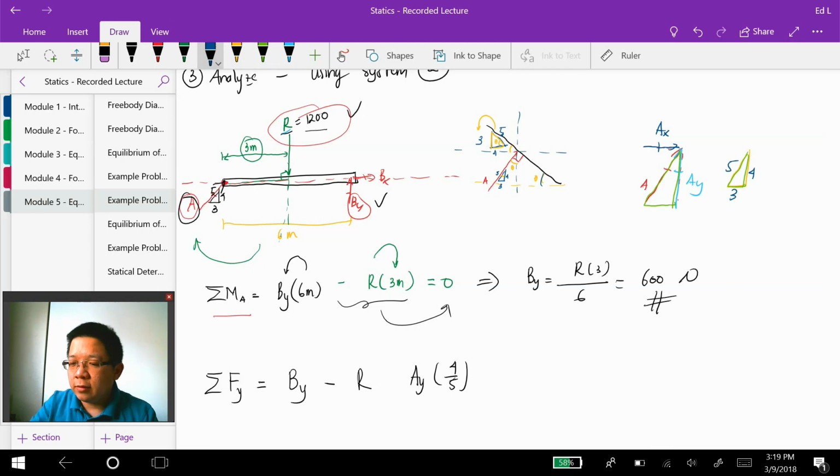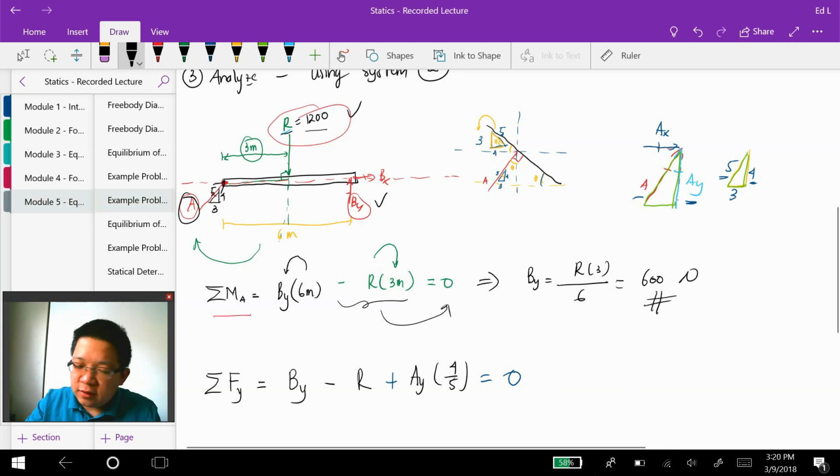So you can calculate AY by taking this component divided by this component over there times A. And AY is going up, so we have a positive sign right there, and it's equal to 0.